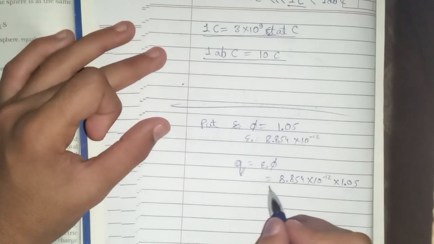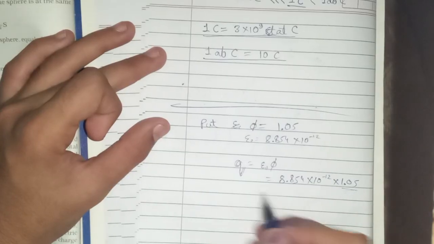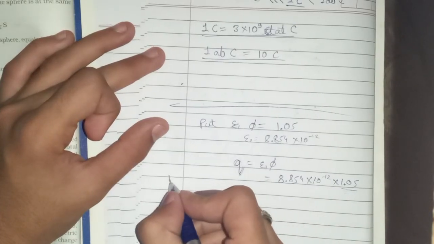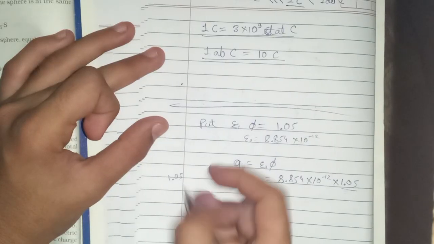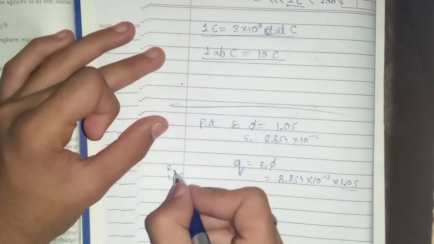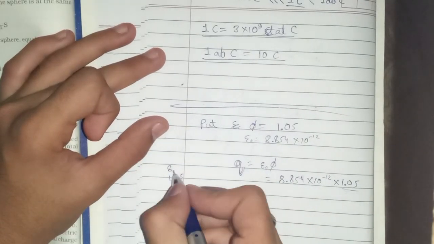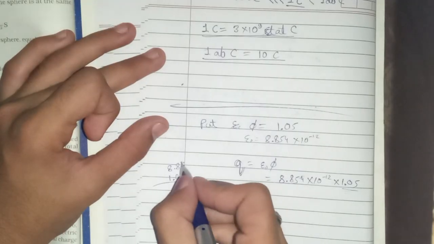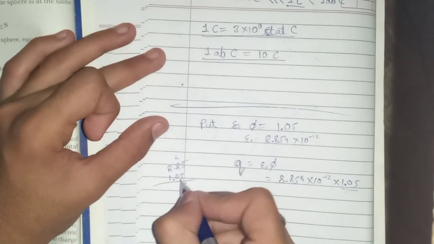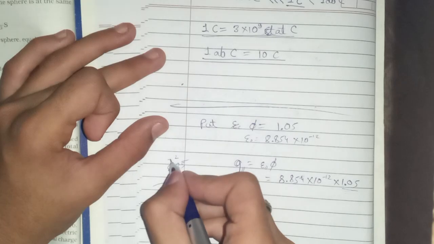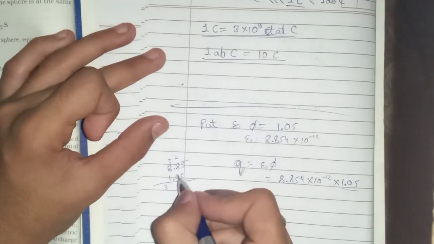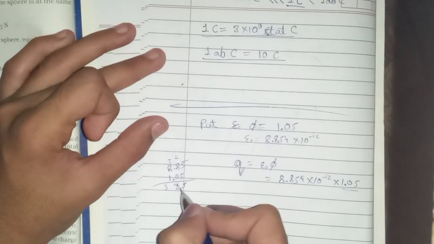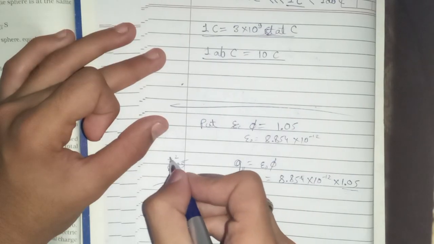So we need to multiply this small looking number, two decimals, three significant figures.